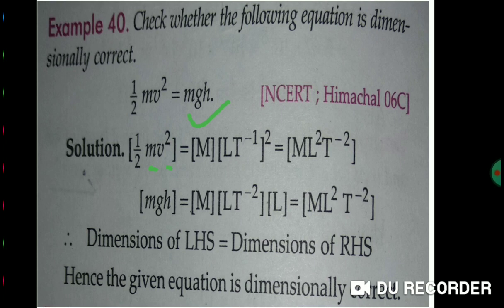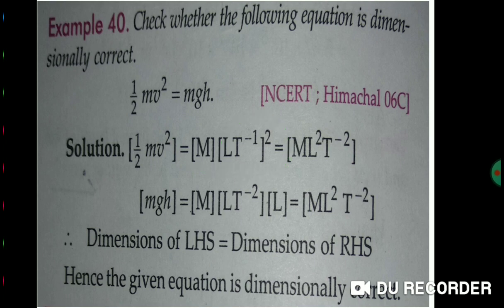In the table of dimensional formulas given to you, the dimensional formula of velocity is LT^-1, and here it is the square of v, so you simply put a whole square over there. So this is M (LT^-1) whole square. This whole square is only for LT^-1.